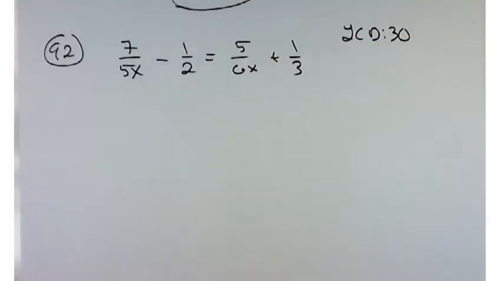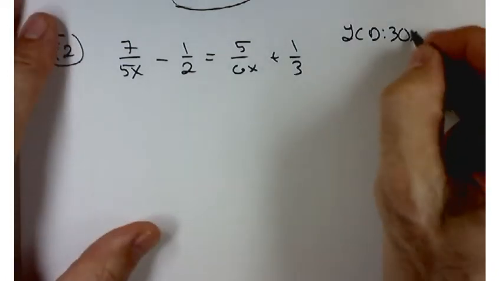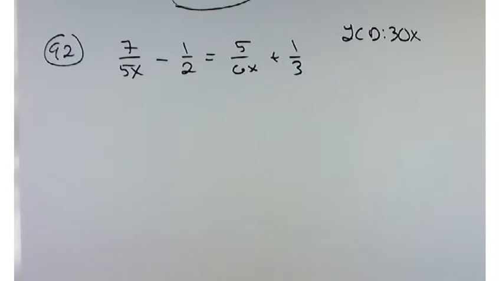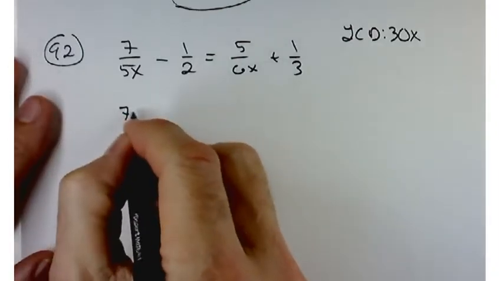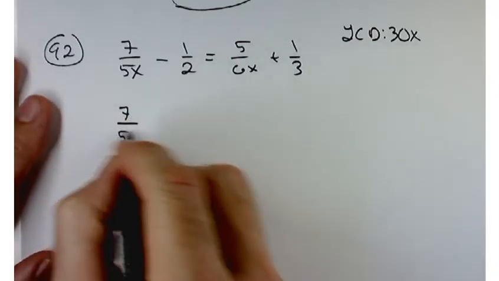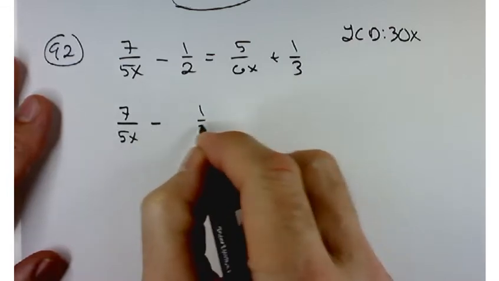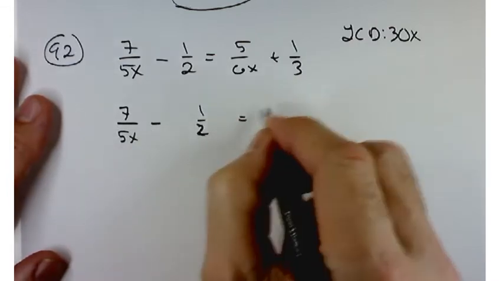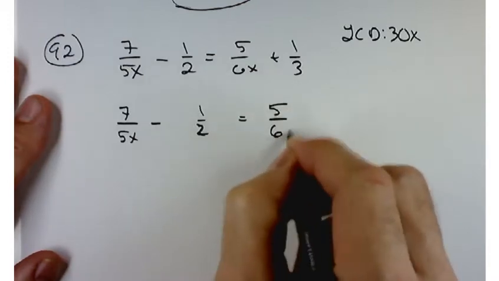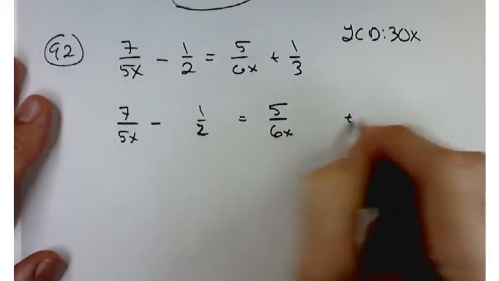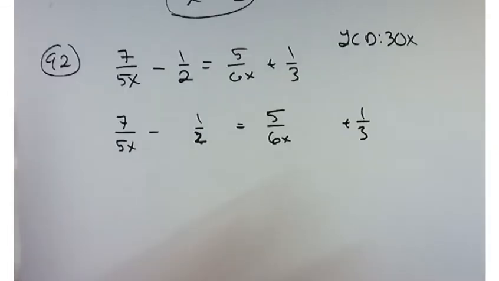What else has to be part of my LCD? X. Good. There's the making me look good part. Thank you. So 30x. Now let's multiply everything through by 30x and do some simplification and see if we can finish solving.